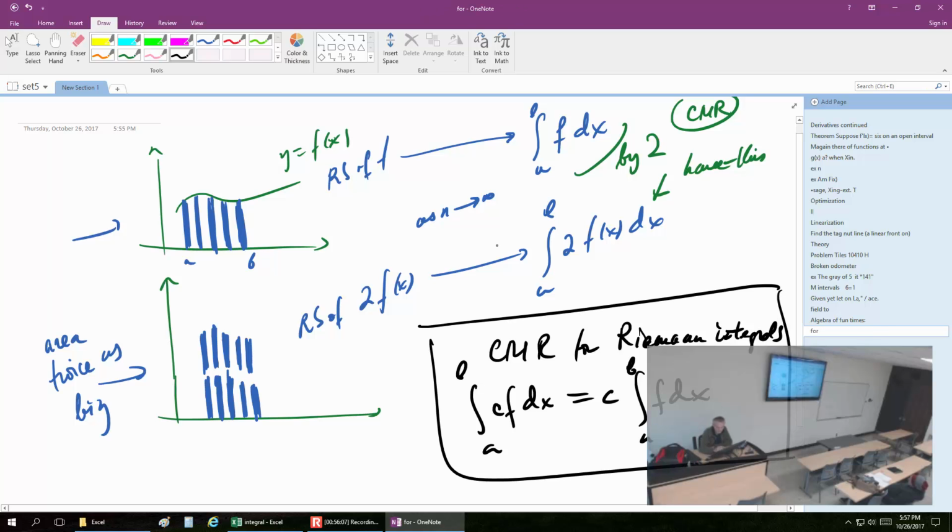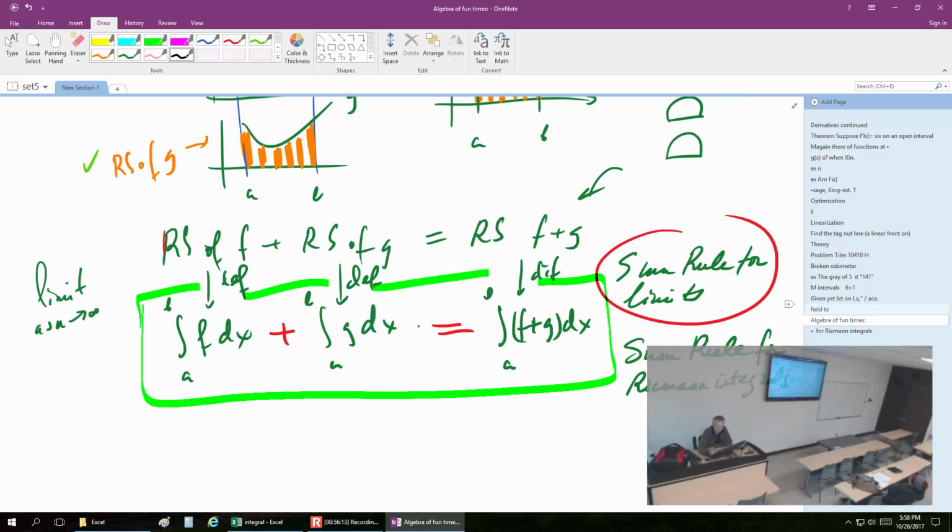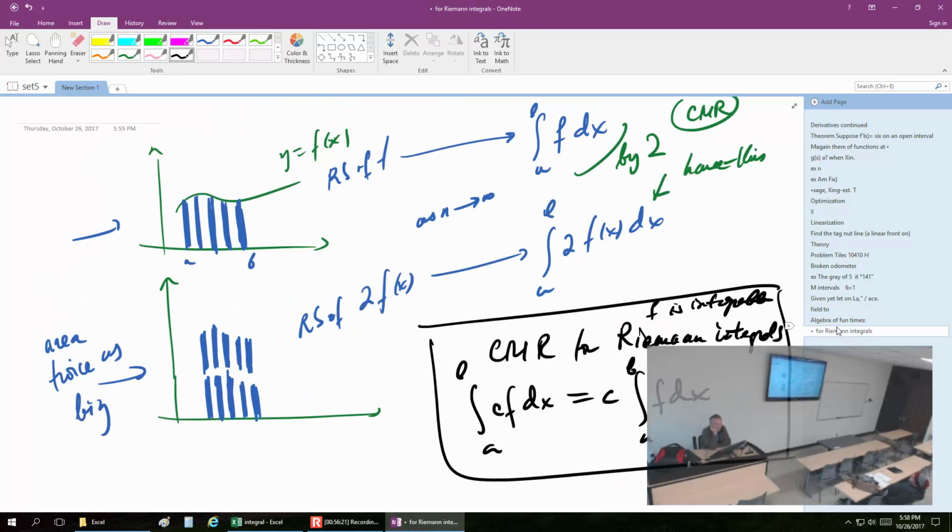The assumption is the same: f is integrable. In the sum rule also we have to require that f and g are integrable. Okay, so these are the two nice shortcuts that we can employ whenever necessary.